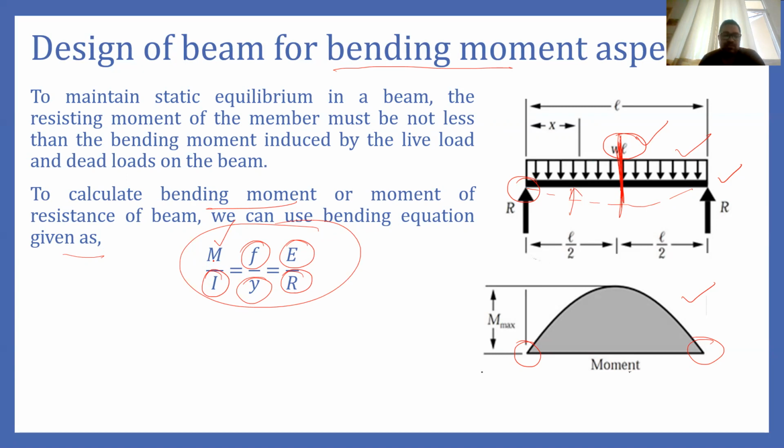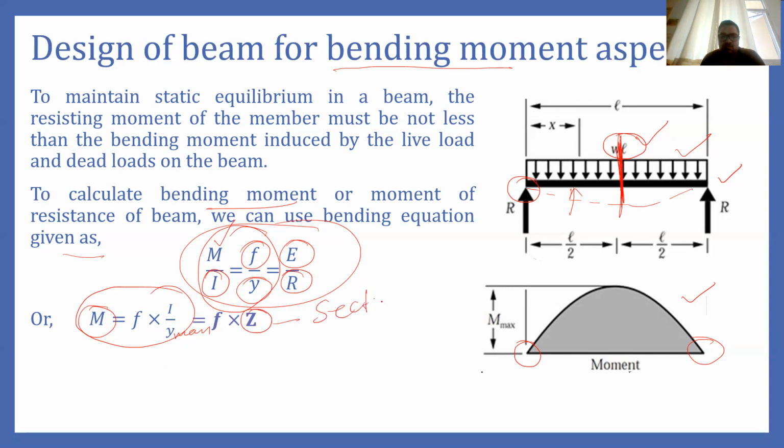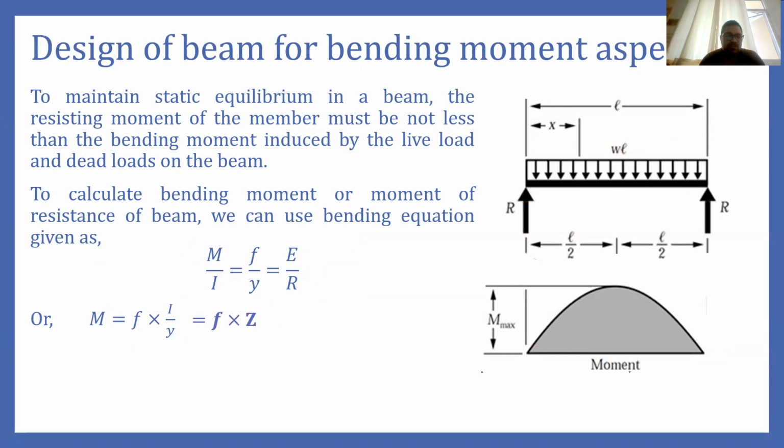Now, to get the value of M, we can use these two terms, and we can simply write M as f into I by y. To get the maximum value of bending moment, y should be maximum, and I by y max is actually known as Z. This Z is the section modulus. So this is the simple equation with which we can find out the maximum bending moment.